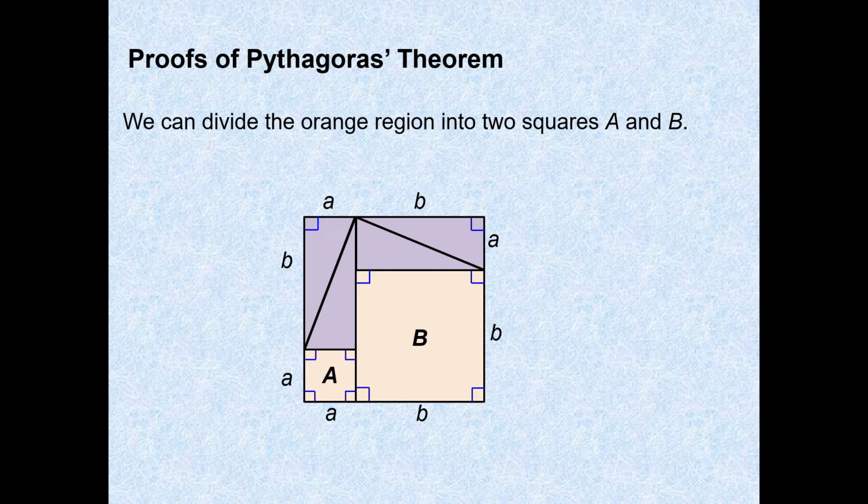The orange part shows you this square. The area of this square will be A times A. The area of this square is B times B, right?